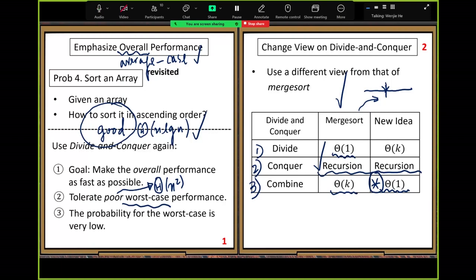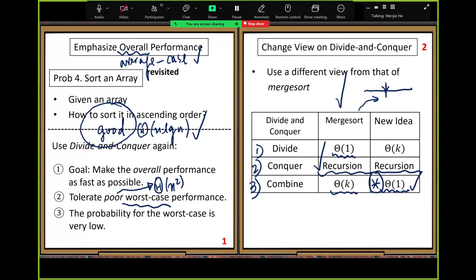Otherwise, if you do it a similar way as merge sort, you will get a similar sort. We want a completely different sort. So that step is big theta of 1.